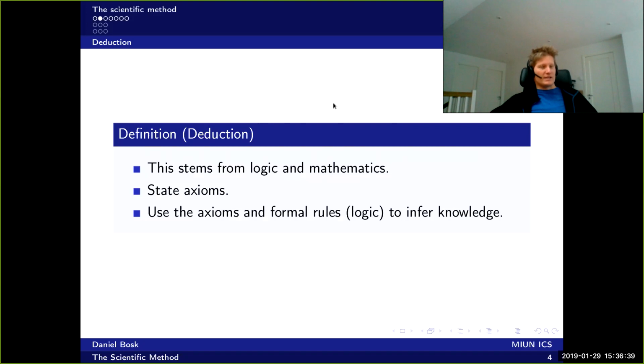Usually most people believe that these axioms are obviously true, and usually they are. We will see some examples. And then we use these axioms and formal rules, that is logic, to infer new knowledge.